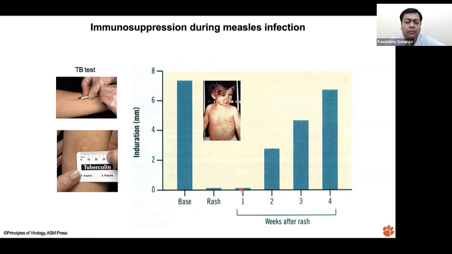When you have measles, there is no inflammatory reaction to produce this bump. The bump is gone. Then it regains 2, 3, 4 weeks later, gradually over a period of time. So this is the classic example of how your inflammatory response is suppressed by the measles virus infection.